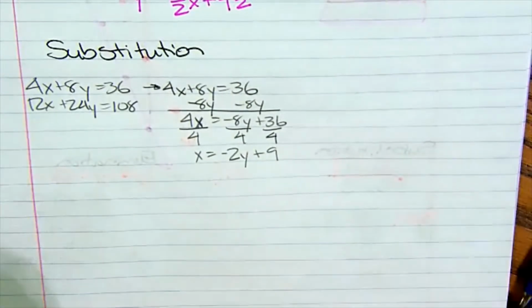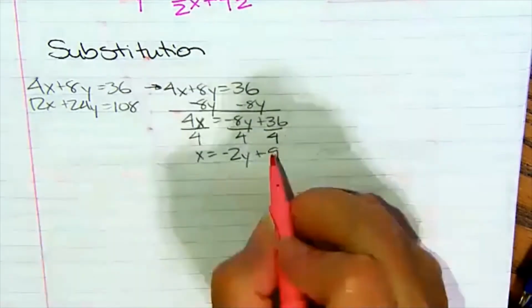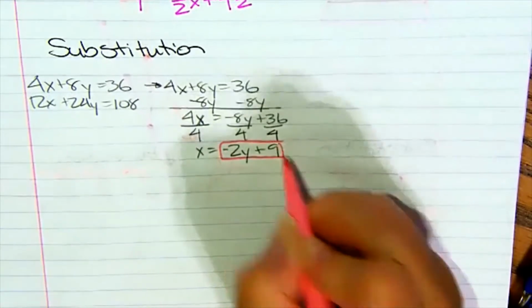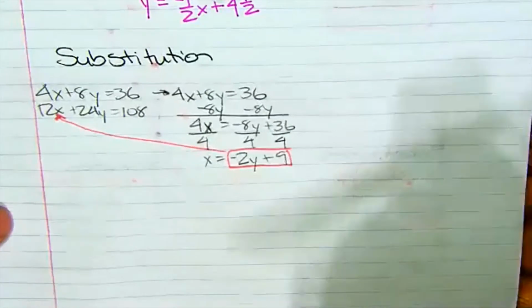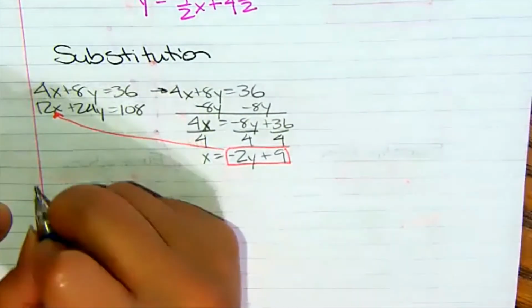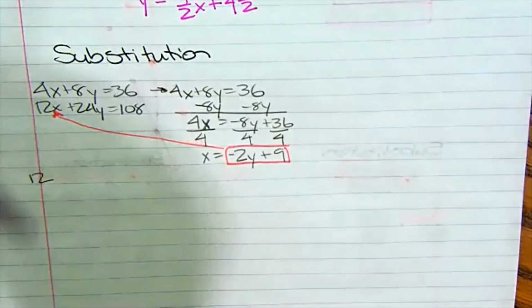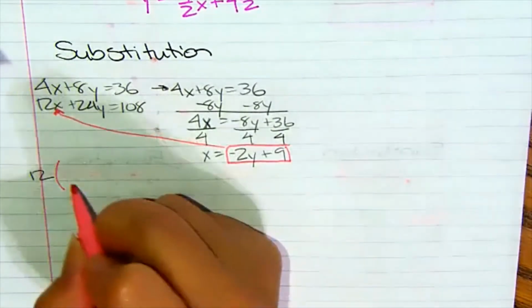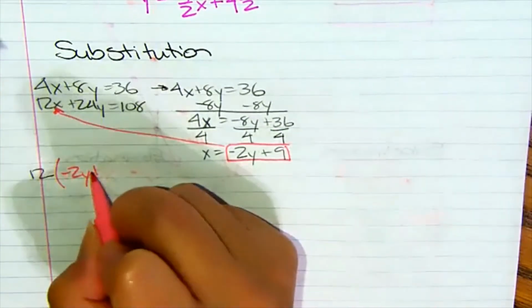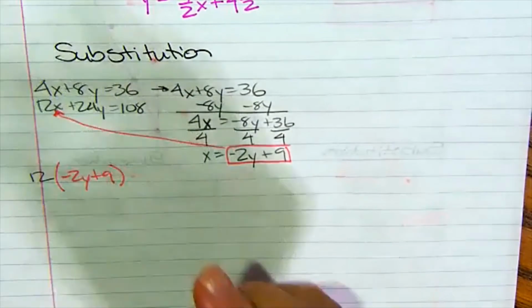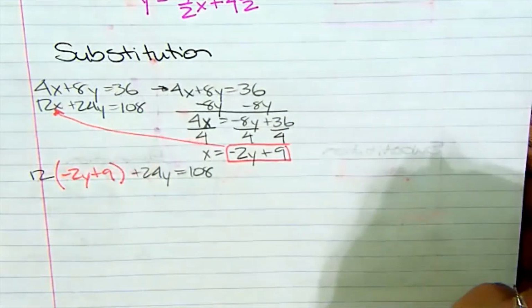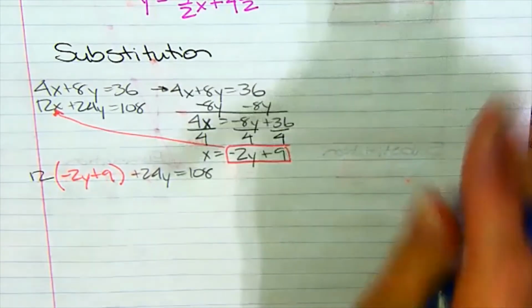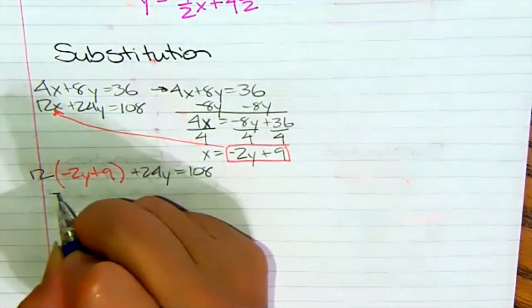Okay, now I can take all of this and substitute it for my x. 12 times negative 2y plus 9 plus 24y equals 108. Oh, this is not pretty.